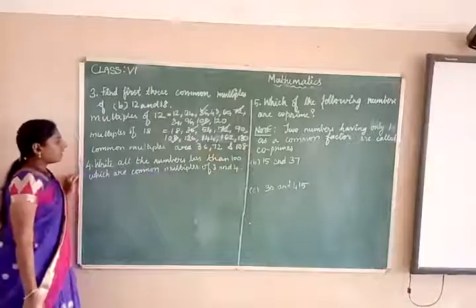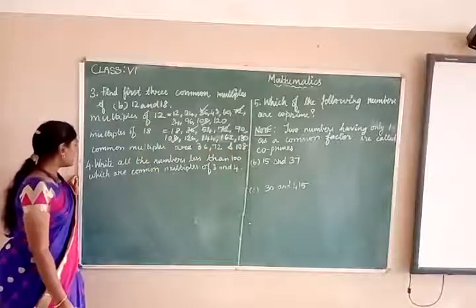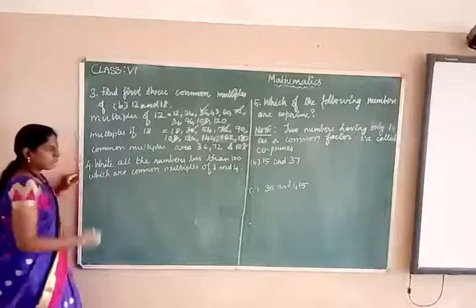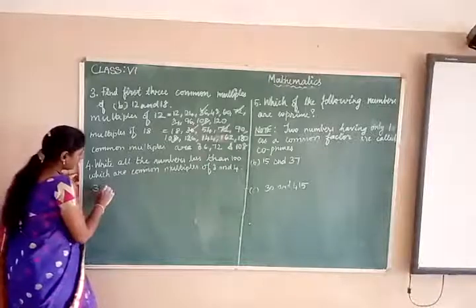Next, write all the numbers less than 100 which are common multiples of 3 and 4. So let us write the multiples of 3 below 100.